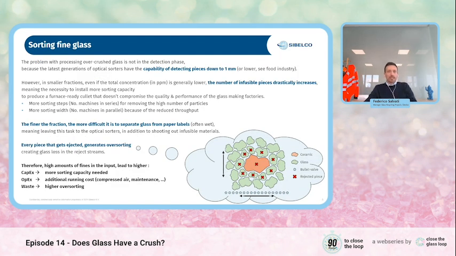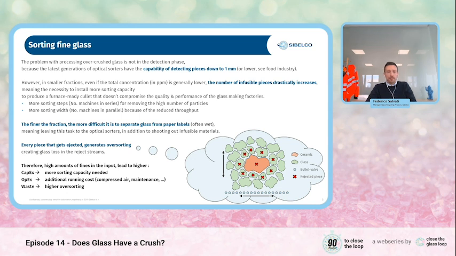Finally, a last slide from my side is about the current capabilities of the optical sorters. In the past, it was common practice to sort glass down to 10 millimeters, then eventually down to 8, to 5, and so on. Nowadays, we are not limited anymore by the detection of the infusible particles, because specific industries, such as the food and seeds industry, have machines that can go down to 1 millimeter, no problem.